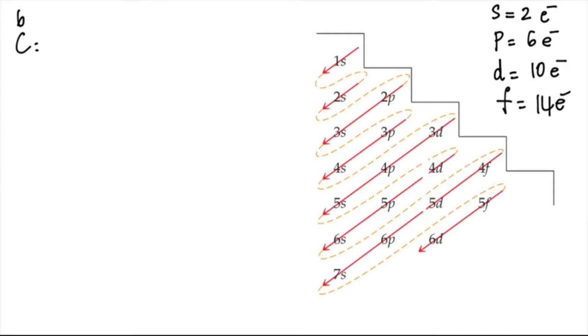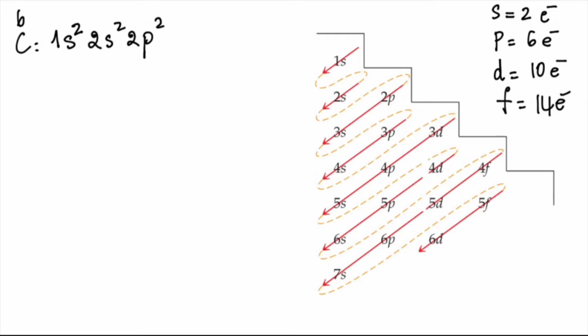So in 1s, we can do 1s2 and then 2s2. Right now we have 2 plus 2, 4 electrons. We need 2 more, so we can put another 2 in 2p2. Right now we have 6 electrons, which is the number of electrons of carbon. And then our order of filling: 1s, 2s, 2p.